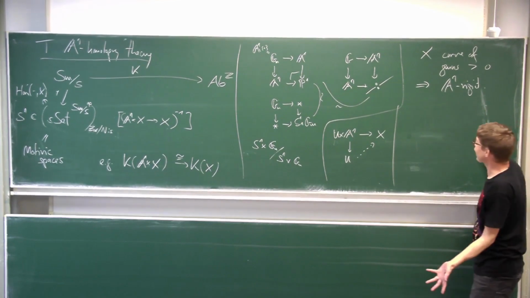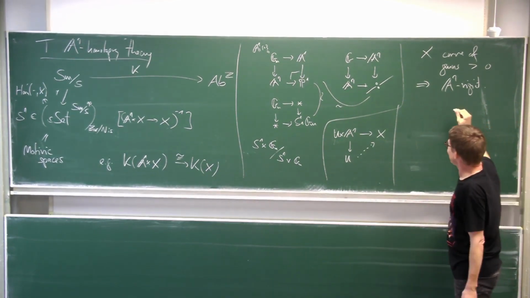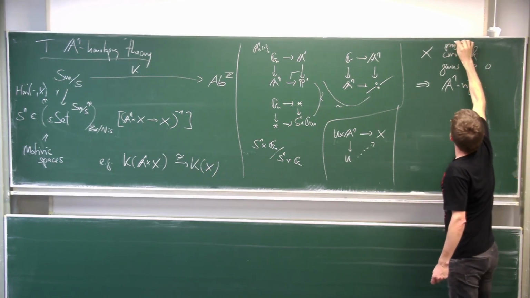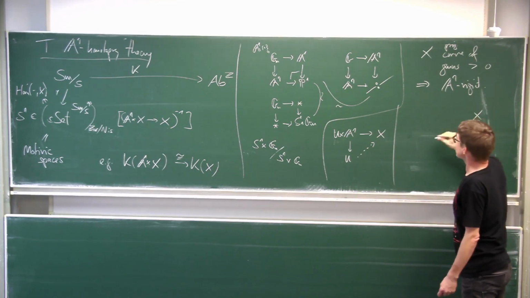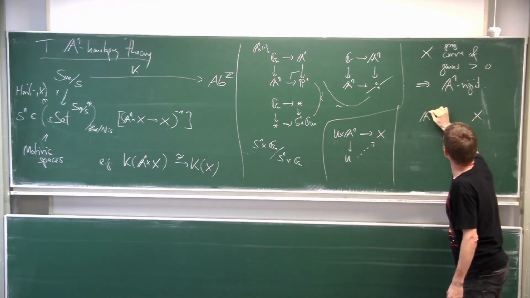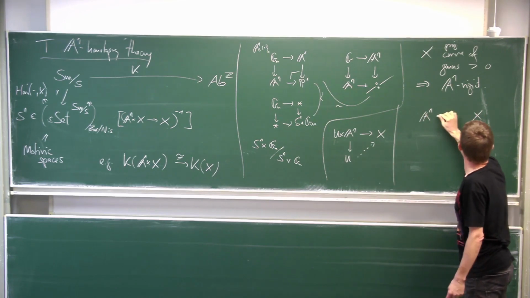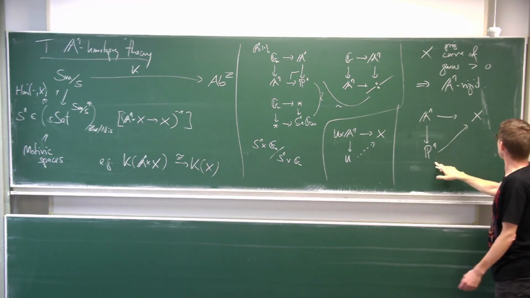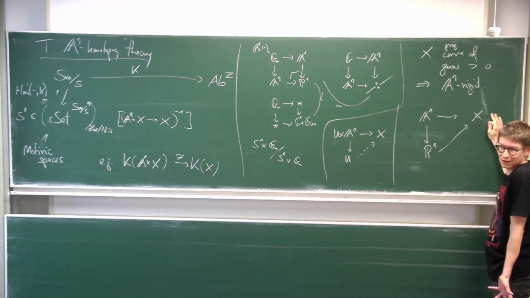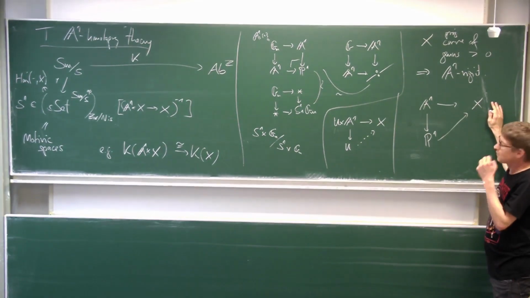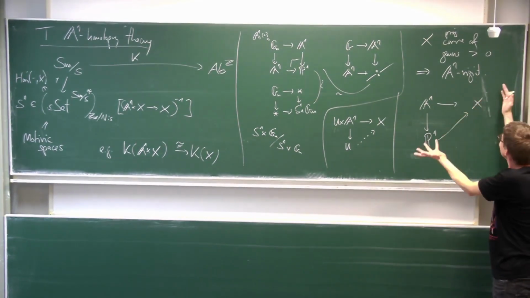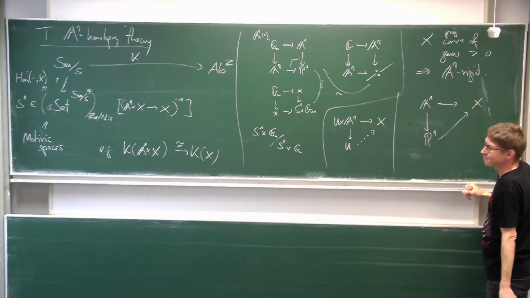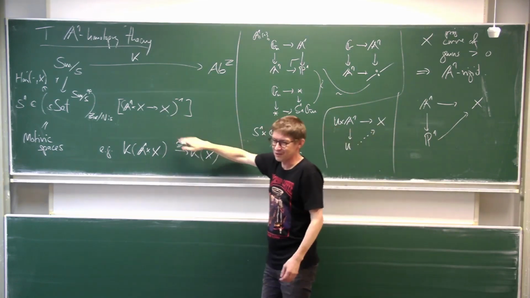Classically, if X is projective, let's just take U a point, and I have a map from here, it will factor through some P1 here. But this would be a map from a genus 0 curve to a higher genus curve, which doesn't exist. So that's the intuitive reason why curves of genus bigger than 0 already are A1 rigid, and you don't have to replace them.